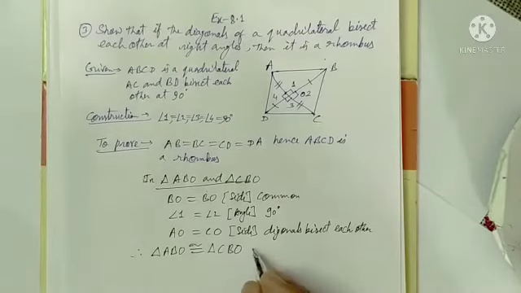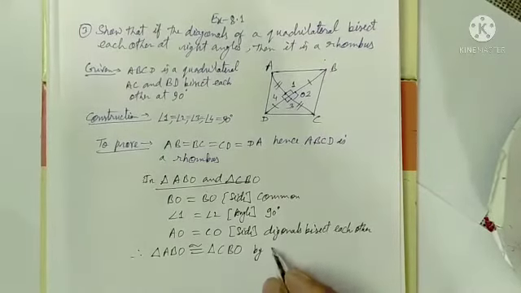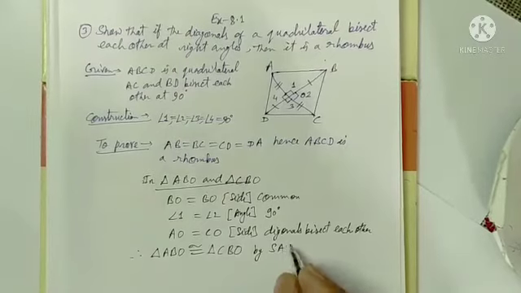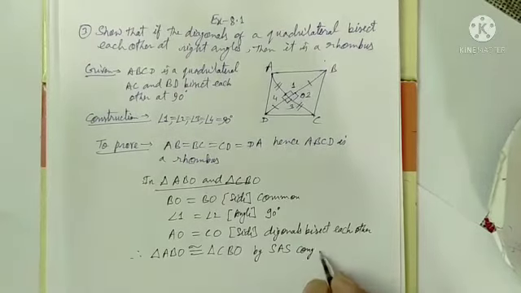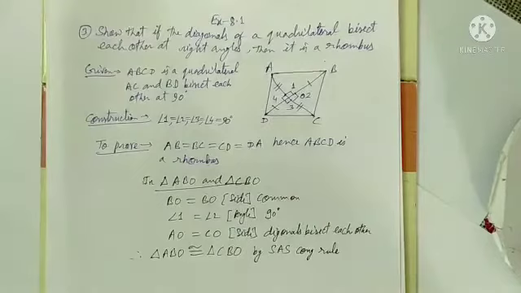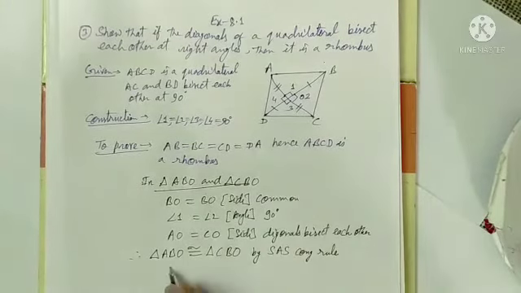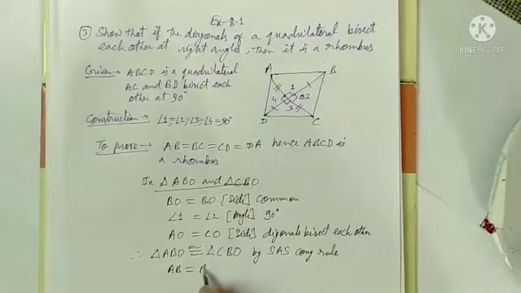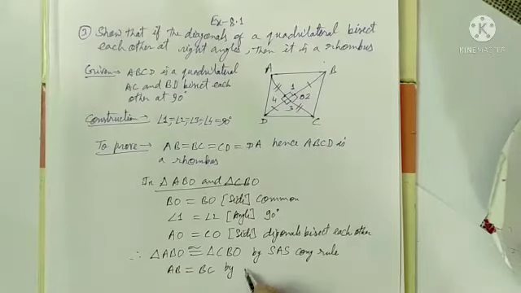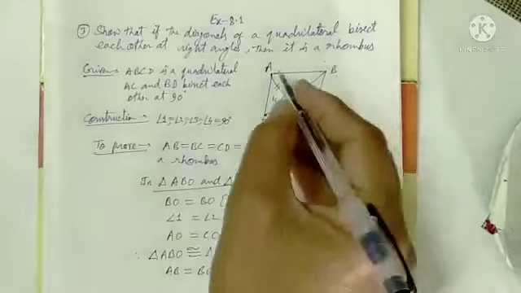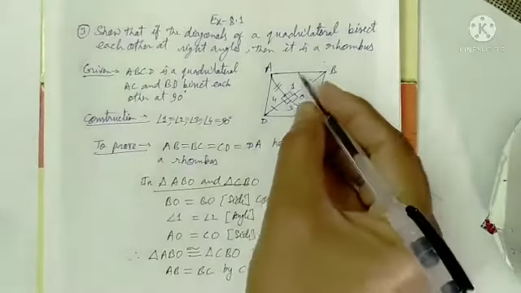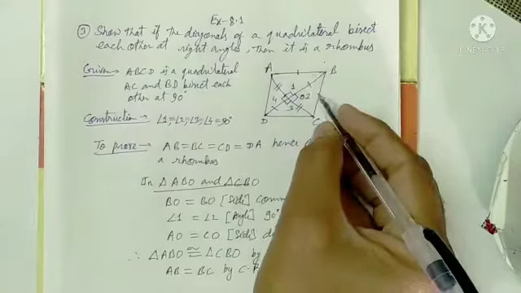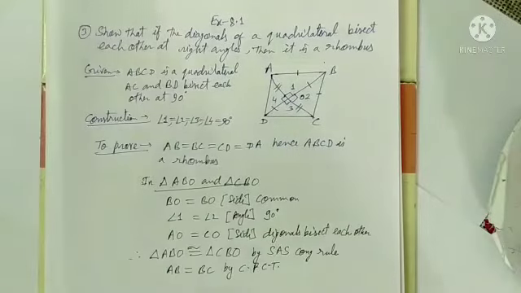Both are congruent by which criteria? SAS congruence rule. If both triangles are congruent by SAS rule, we can say AB is equal to BC by CPCT, corresponding parts of congruent triangles.